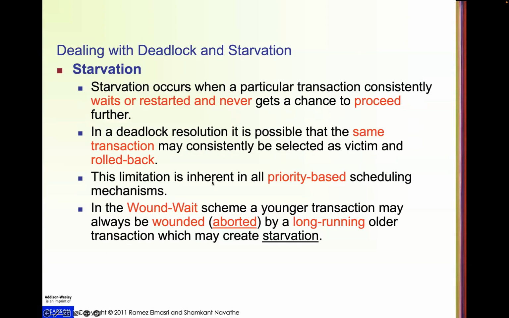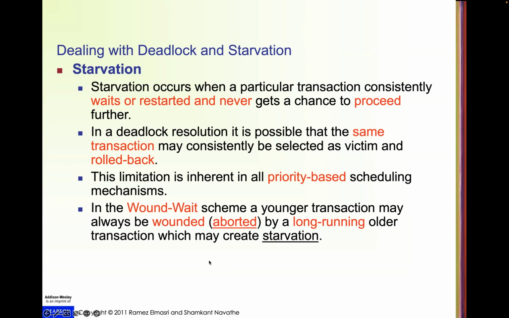This limitation is inherently possible when we are using a priority-based scheduling mechanism. So if T2 has, for example, a low priority, it will always be rolled back, and another transaction will get the time to run. In the wound-wait scheme, a younger transaction may always be wounded or aborted. For example, here we have T1 and T2. T2 was rolled back in the first case when there was a deadlock between T1 and T2.